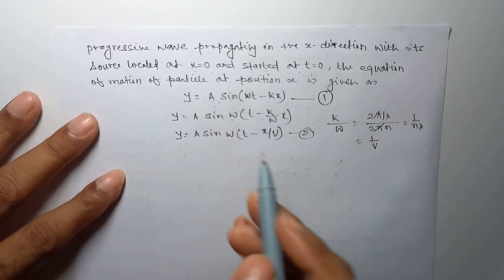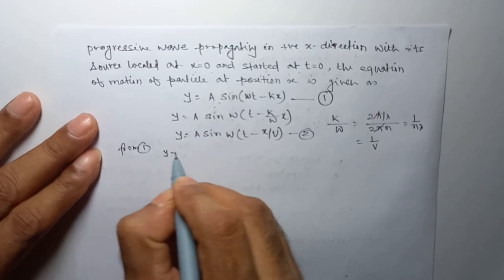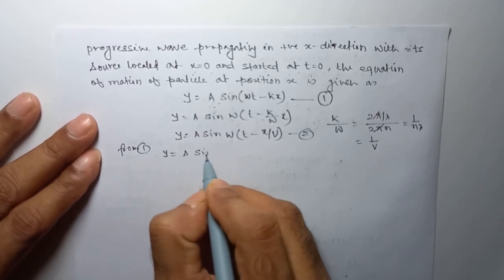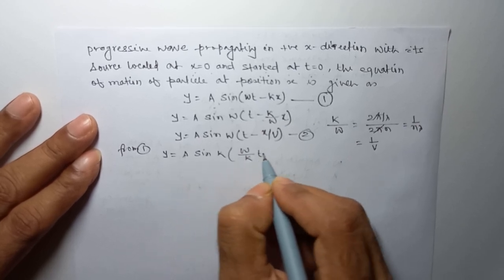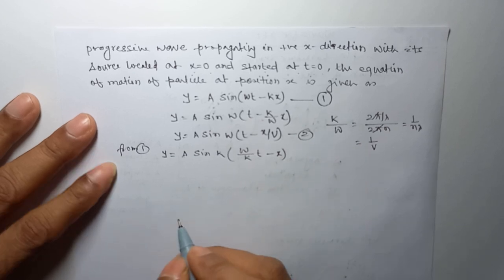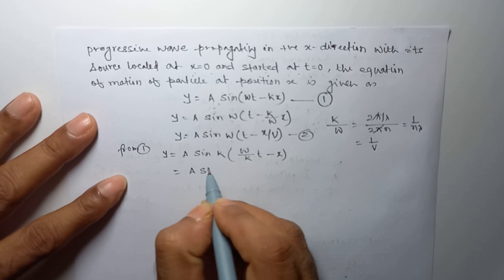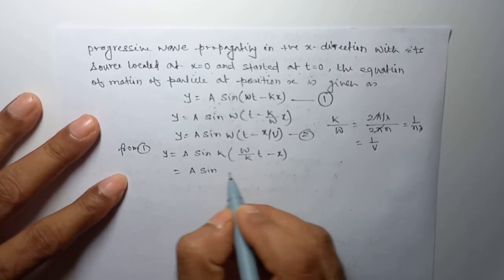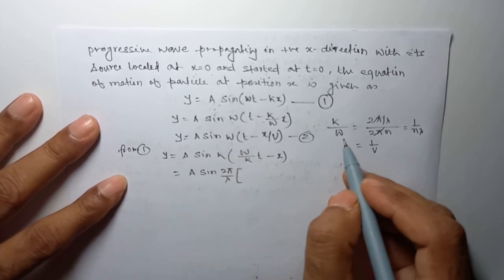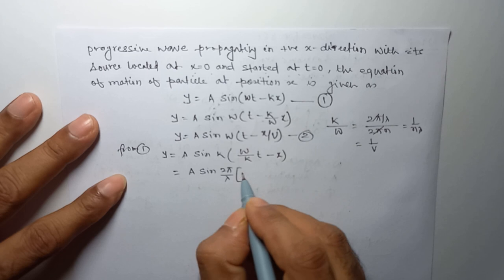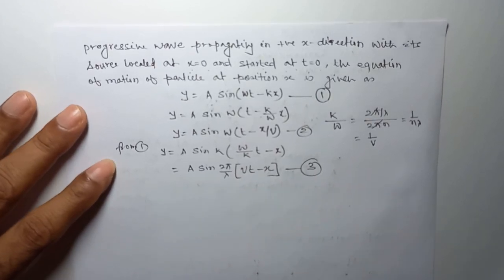Another form is, if you take k common from the first, y is equal to A sine, k I am going to take common, this will be omega by k into t minus x. Omega by k is v, so y is equal to A sine k into vt minus x. This is the third form of the equation.